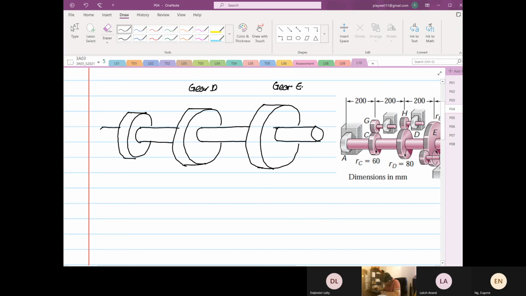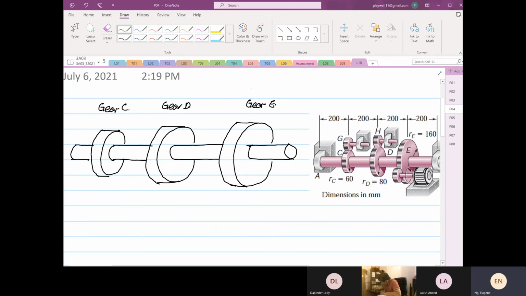Gear E is our driver. Sorry, I better standardize. So this is our driver, driven, and driven.